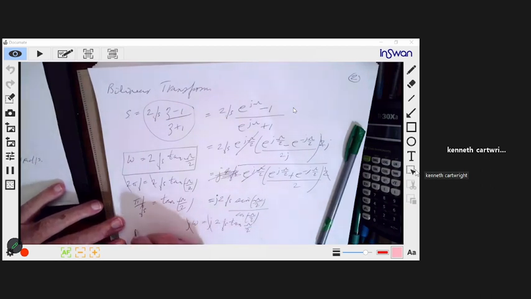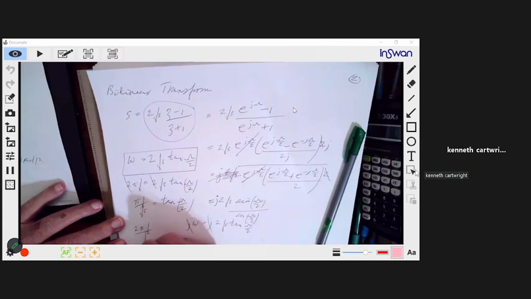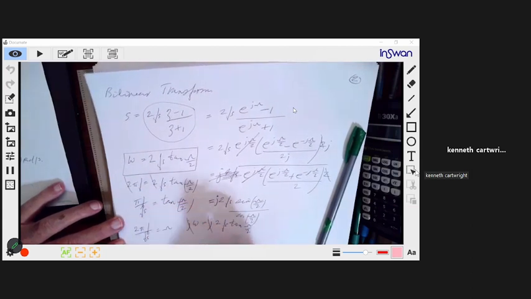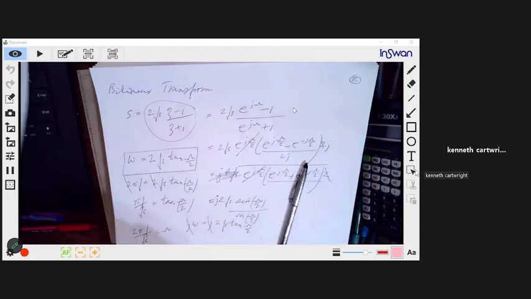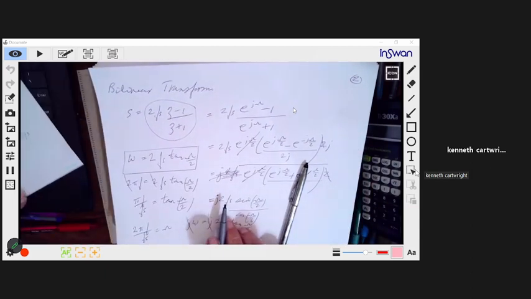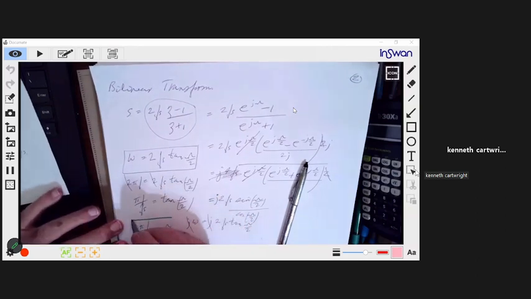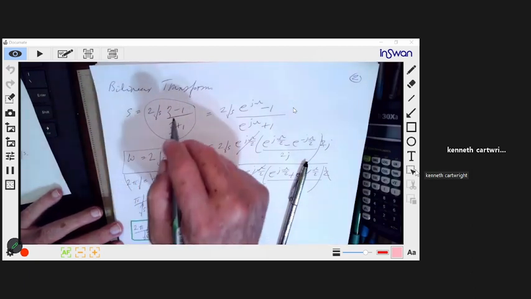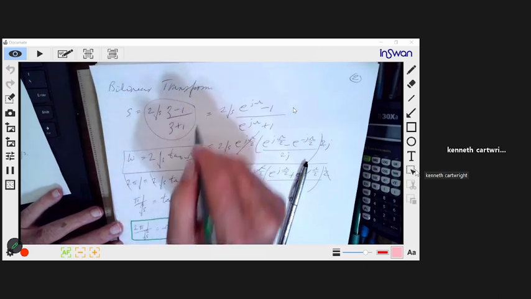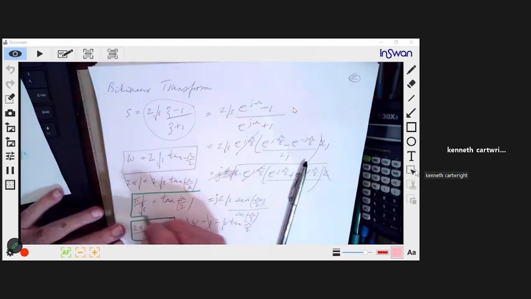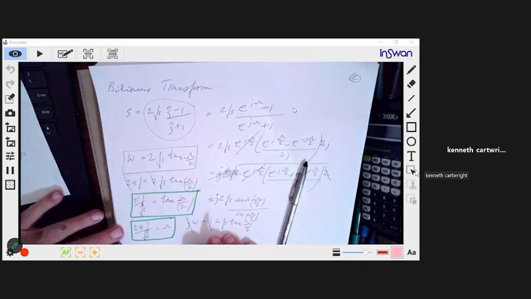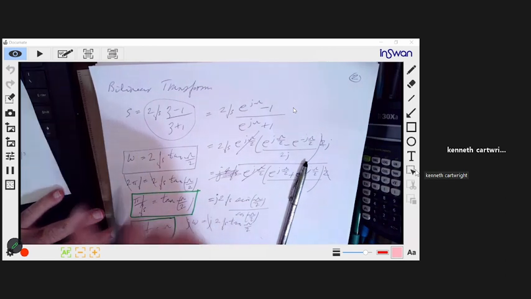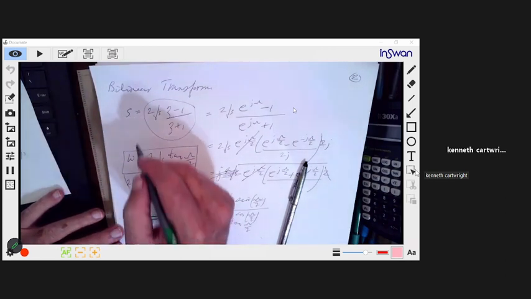This is not to be confused with 2 pi f over fs equals omega. Don't confuse these two. This is the normal relationship between analog frequency and digital frequency. But when we use a bilinear transform, this becomes the relationship. So whenever we use a bilinear transform, we have to think this.